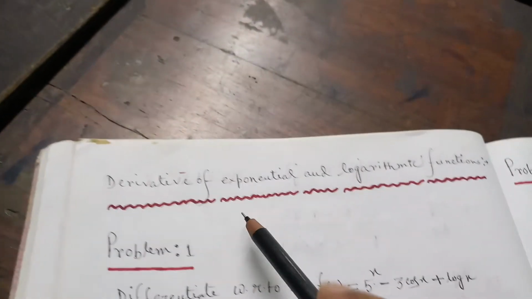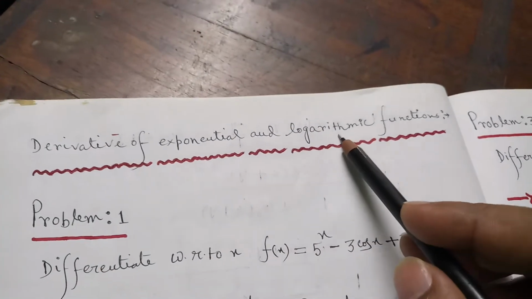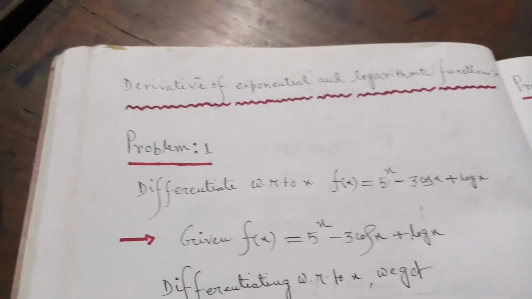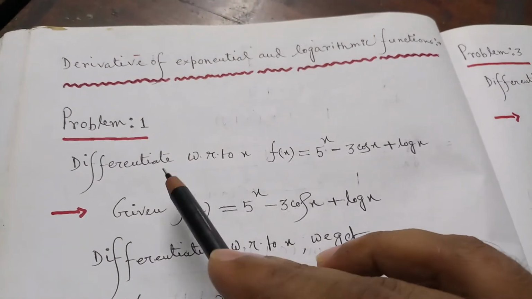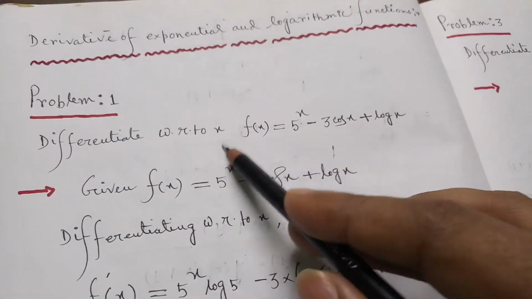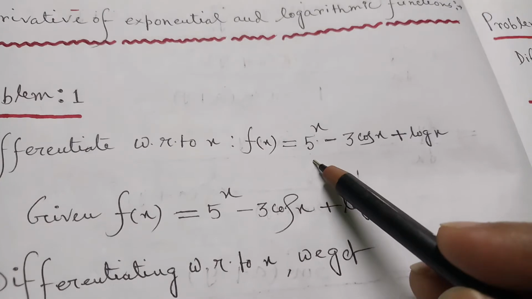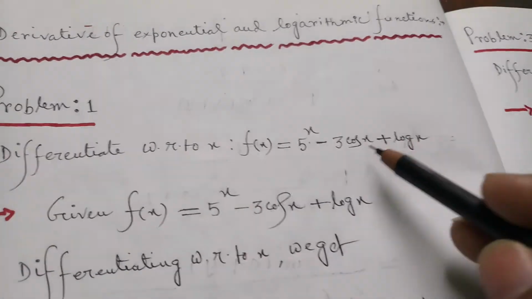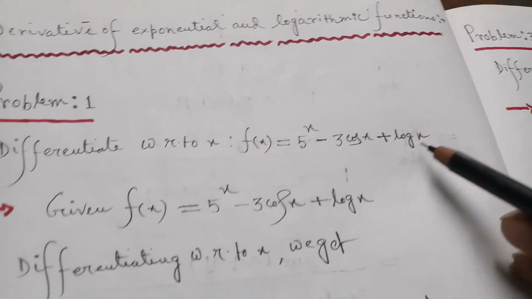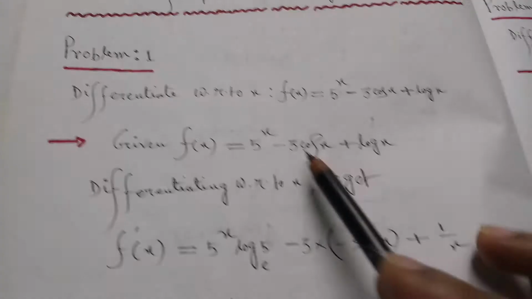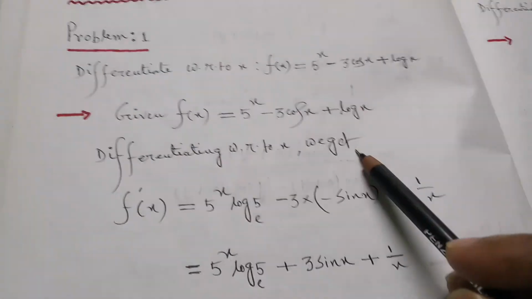So now next problem, next topic, derivative of exponential and logarithmic functions. Differentiate with respect to x, f(x) equals 5 to the power x, obviously, minus 3 cos x plus log x. So f(x) is given. Now differentiating with respect to x, we get f'(x).